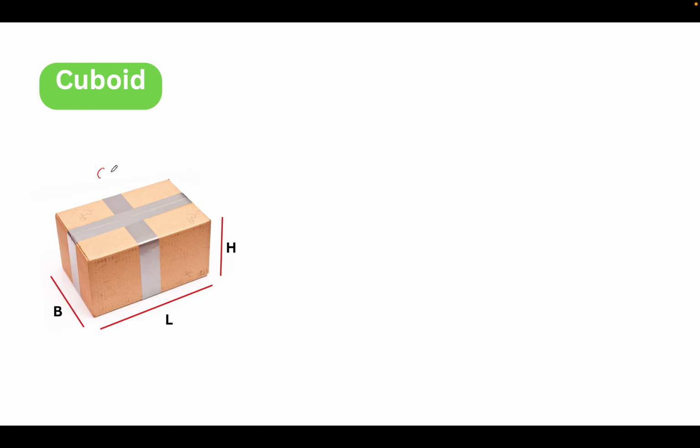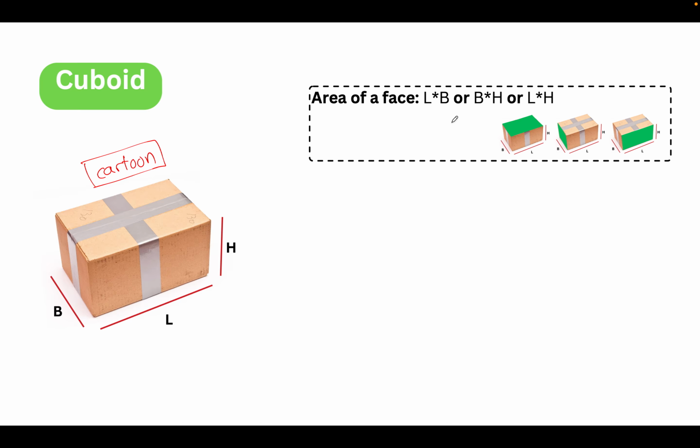This is a carton, and you can imagine a carton as a cuboid. To find the area of a face, it depends on which face you want to calculate. If you want to calculate the area of this upper face, we will multiply this length with this breadth, that will give us length into breadth.